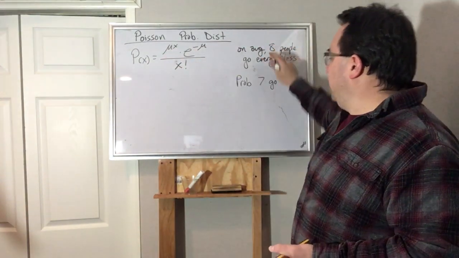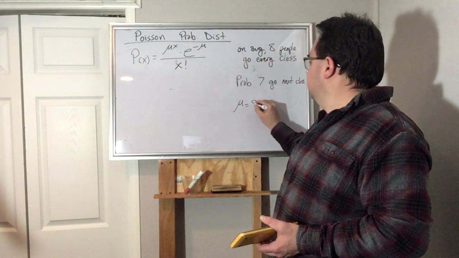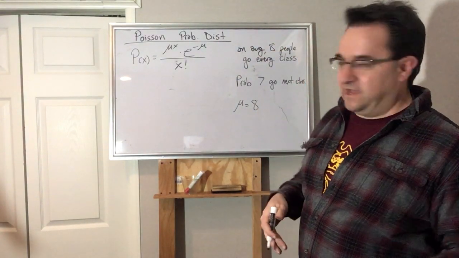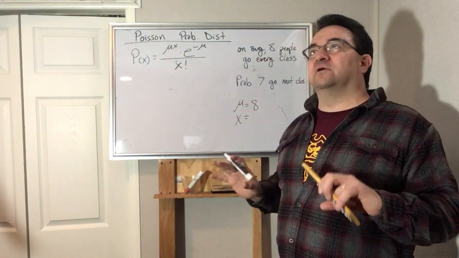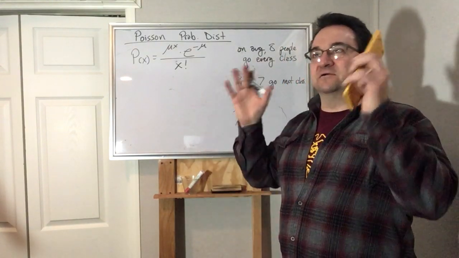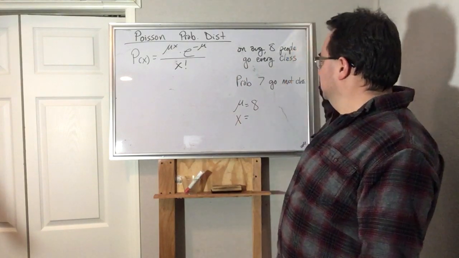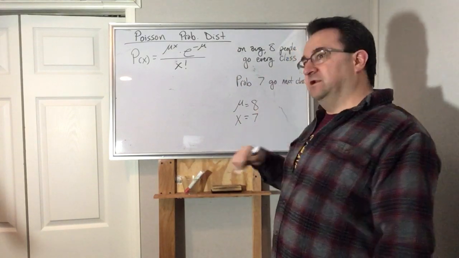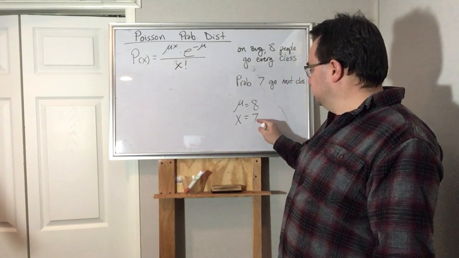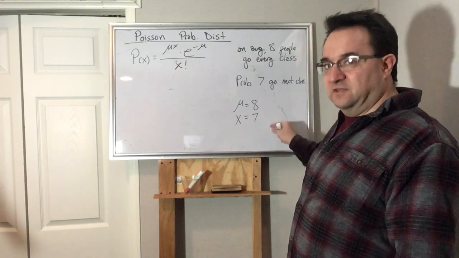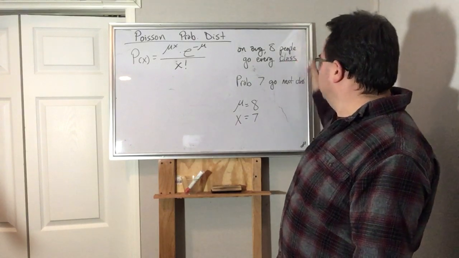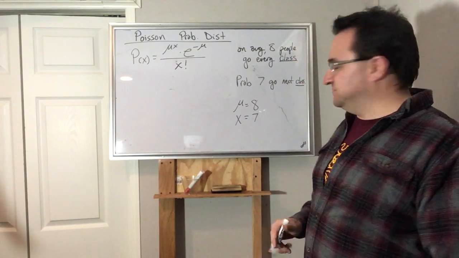Mu is the average. Mu is 8 people per class. X is what I'm wondering about in this particular case. Specifically, I'm wondering, next class, what's the chance that 7 people go? See, they match, per class, per class.